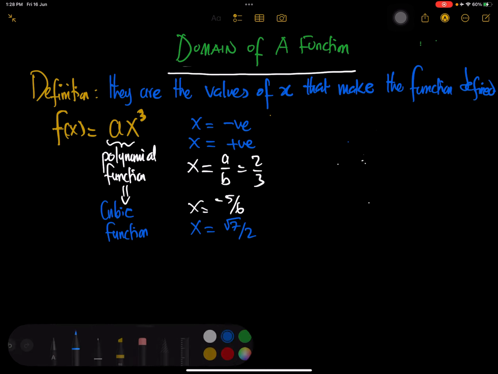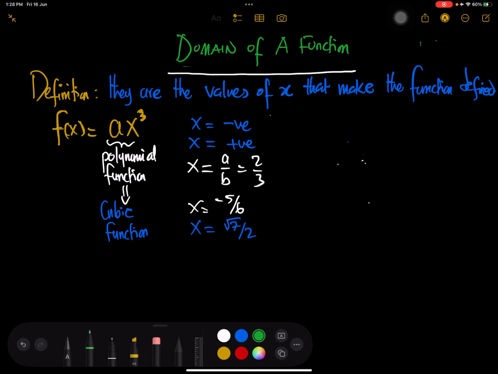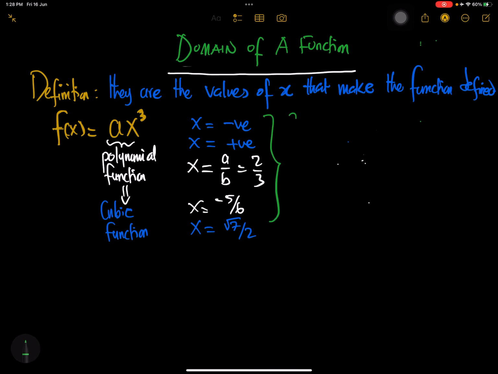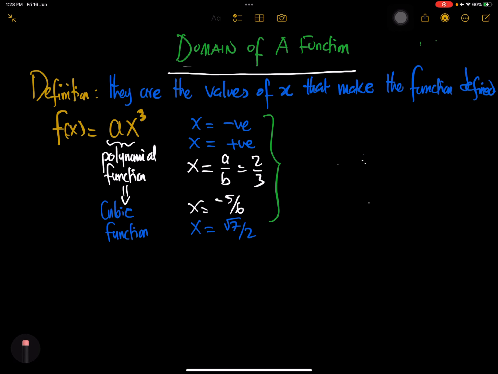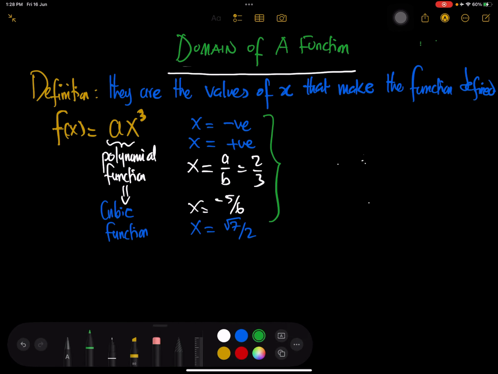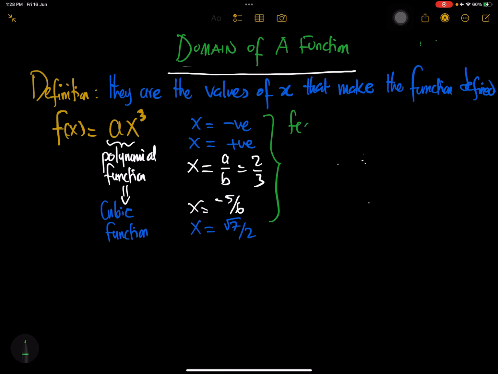So because of that, we can confidently say that this function f of x, which is ax to the power of 3, it's all real numbers. All real numbers make it defined.